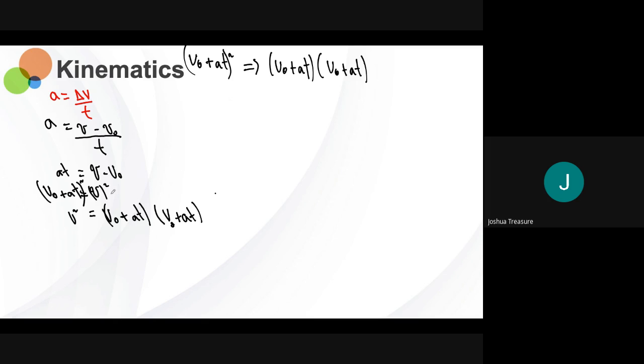But how would you go about expanding this? What is the first step in expanding this from mathematics? Sir, open the brackets. All right, so you open the bracket. What would you get?